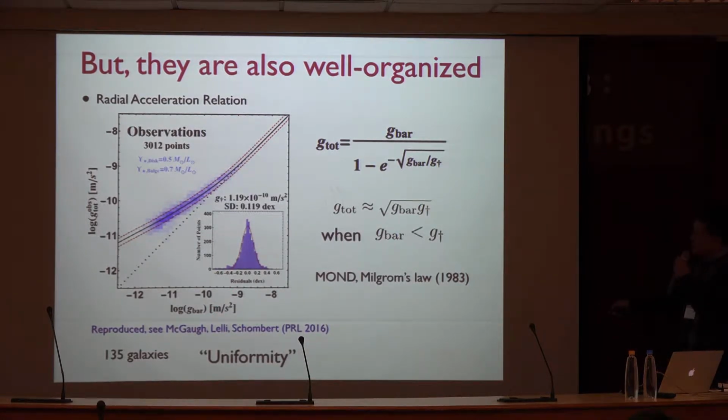So what you do is, for each galaxy, you can look at the total acceleration, which is given by v squared over r, as a function of the baryonic acceleration, right? And for each data point, you can calculate these 2 values, and you put the data point in this plane. And for the 135 galaxies we discussed, there are about 3,000 data points.